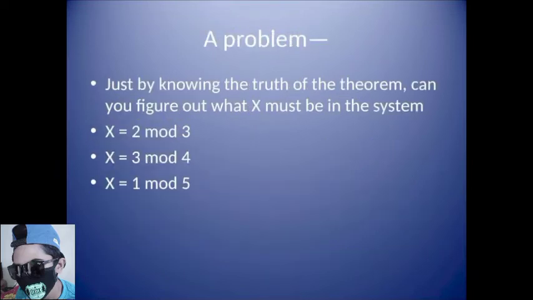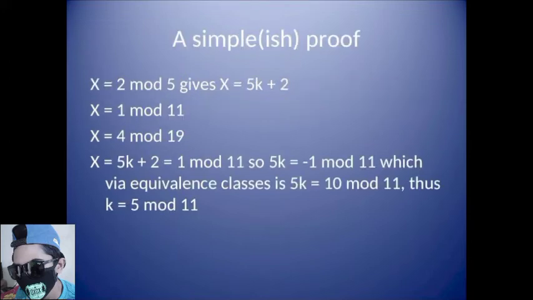Just by knowing the truth of the theorem, can you figure out that x must exist in this system? x equals 2 mod 3, x equals 3 mod 4, and x equals 1 mod 5. The simplest proof: x equals 2 mod 5 gives x equals 5k plus 2, and x equals 1 mod 11, and x equals 4 mod 19.